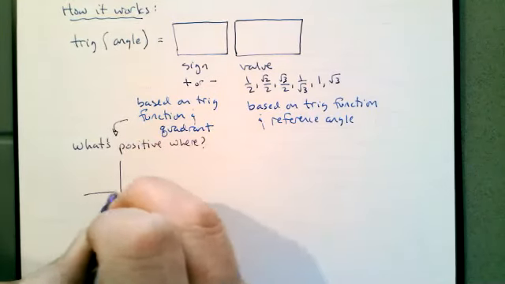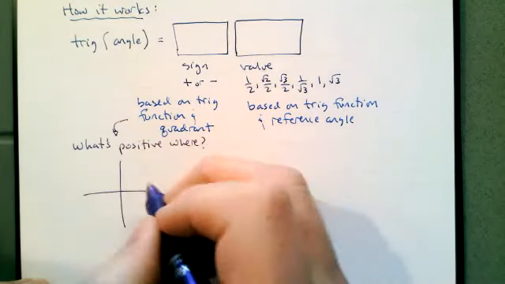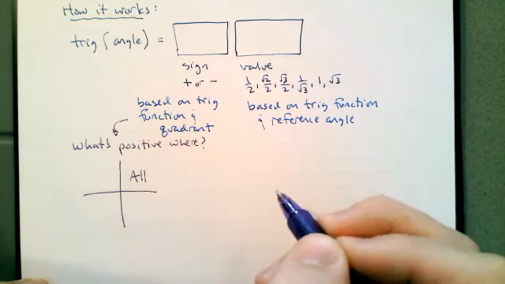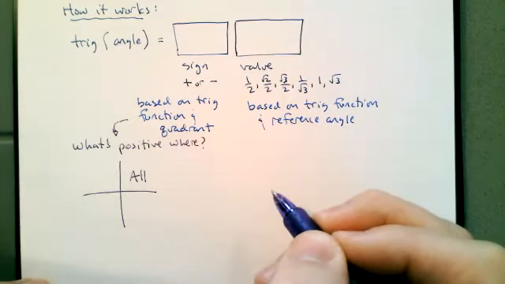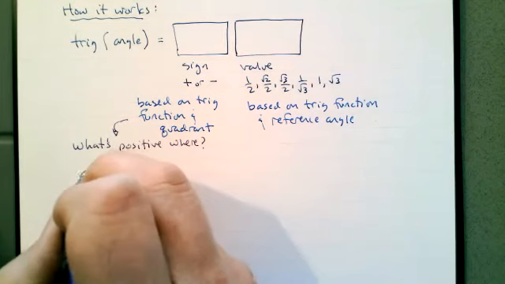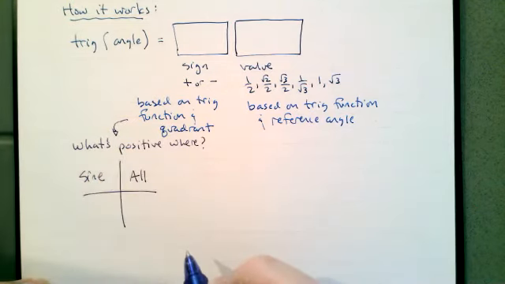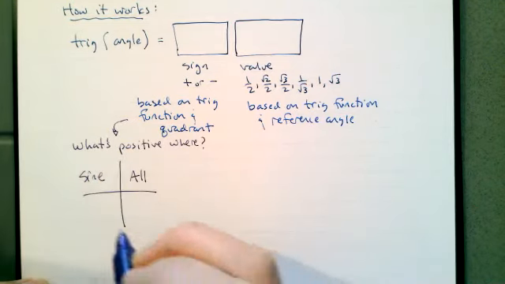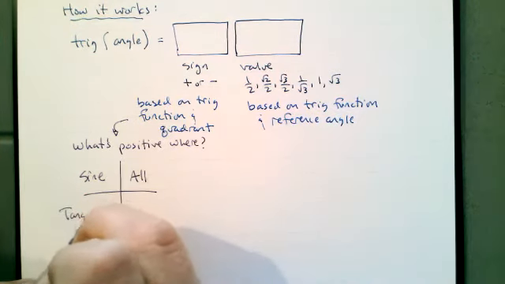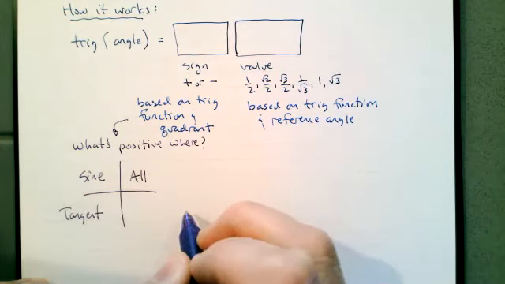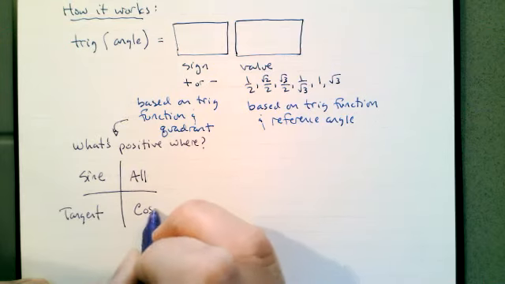In the first quadrant, all are positive. In the second quadrant, only sine is positive. In the third quadrant, only tangent is positive. And in the fourth quadrant, only cosine is positive.